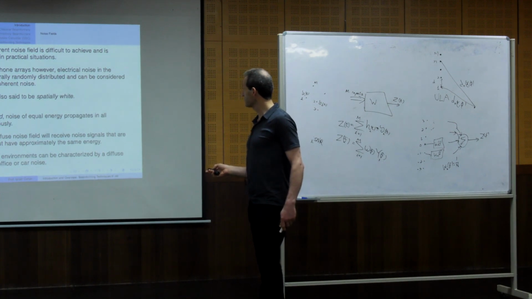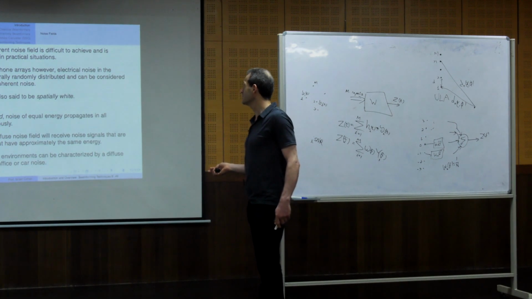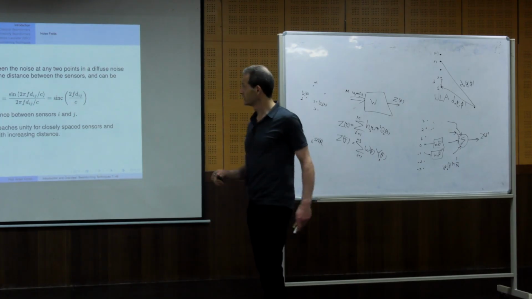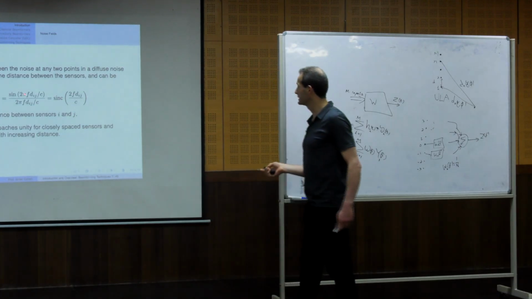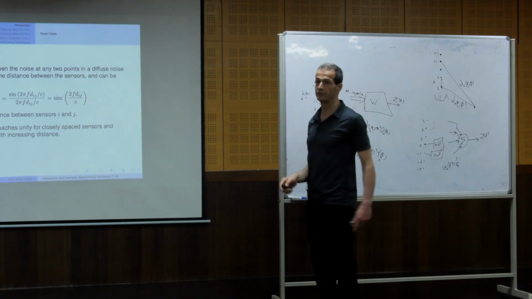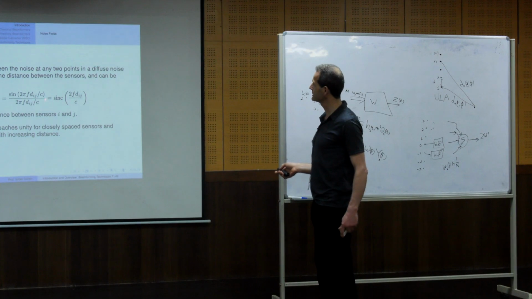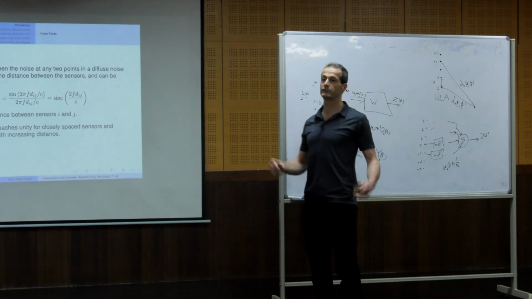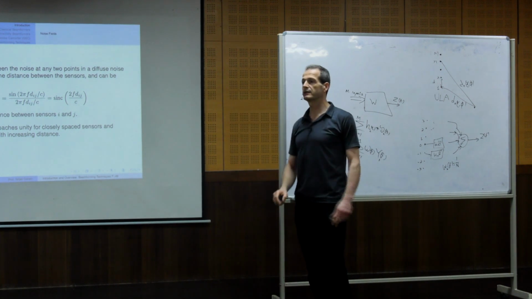This is something that can be derived, actually. The formula can be derived such that the coherence between two sensors goes like a sinc function that depends on the frequency and the distance between the sensors, and also the speed of the propagating wave in the environment.